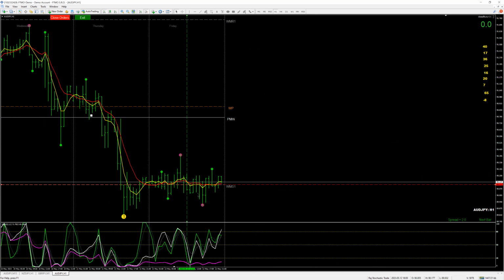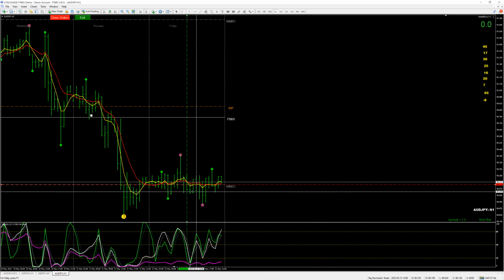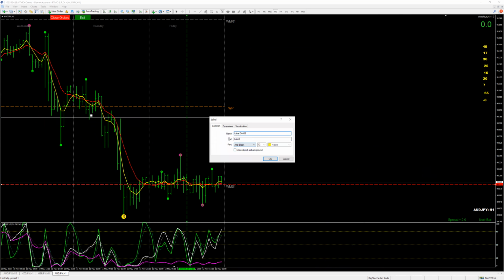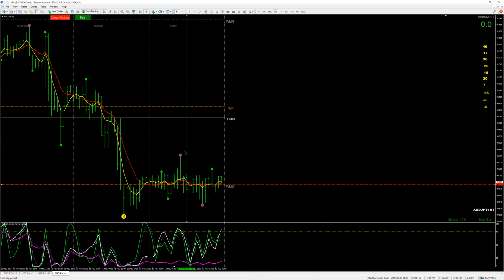And your exit is over here. So that's a 5 pip stop loss and 5 pip loss. All right, and there's another trade here, but let's not go over that.